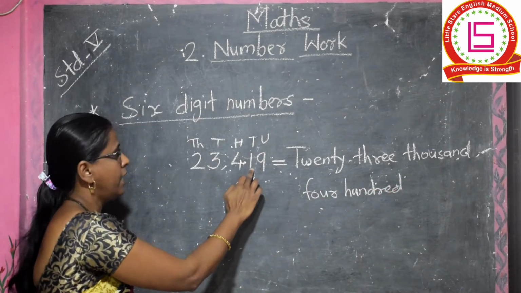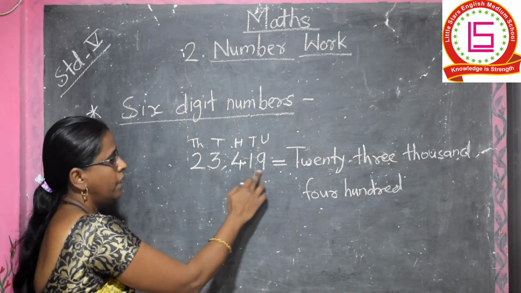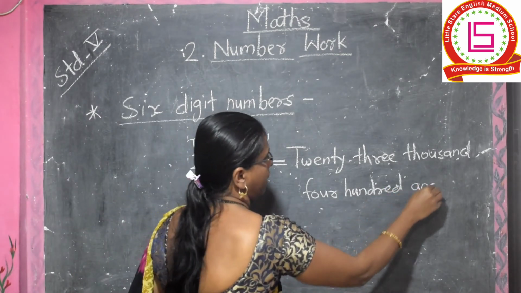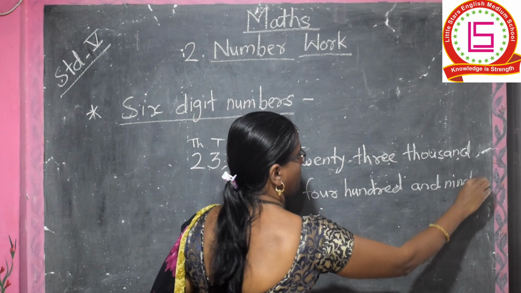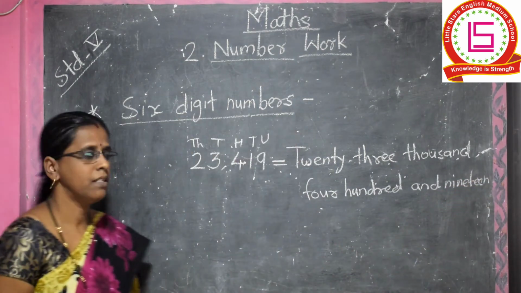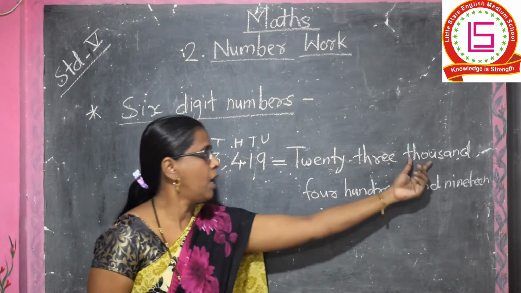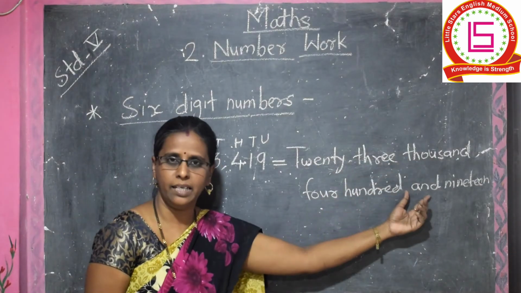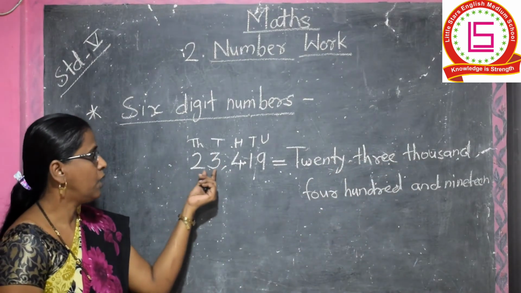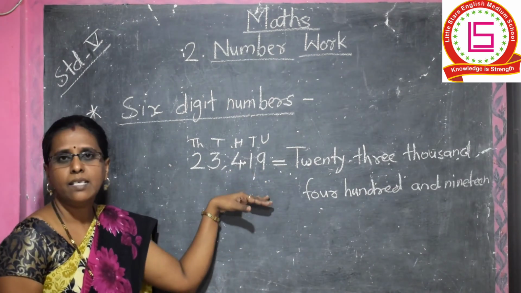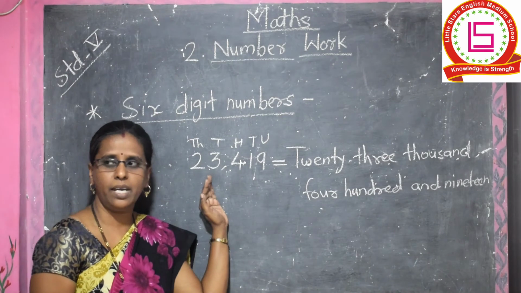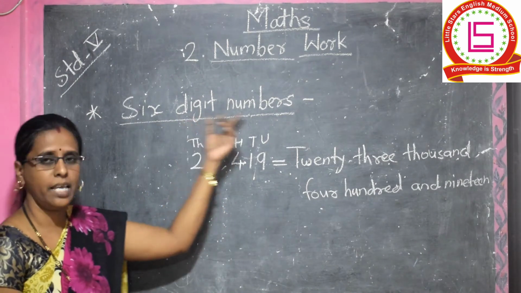And tens and unit together, 19. So the number is 23,419. We learned this last year, and today we start 6-digit numbers.